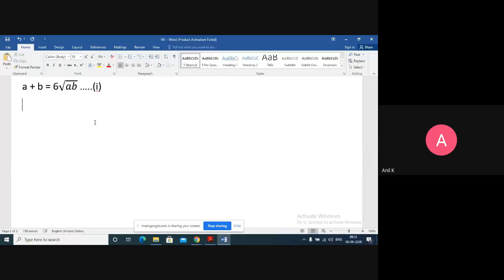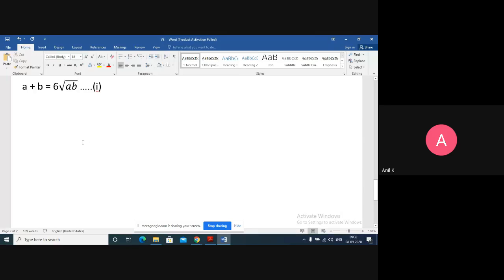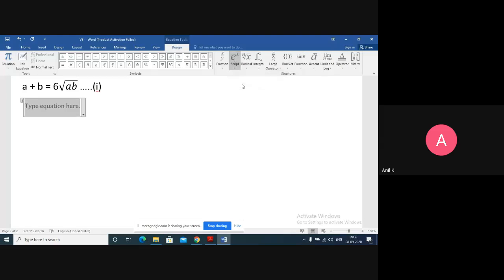We have to find the ratio of the numbers. The question says show that the numbers are in the ratio. That means if I divide A upon B, my ratio should be 3 plus 2 root 2 upon 3 minus 2 root 2. So to divide A upon B, you need to know what the A value and the B value are. So to find A and B values, let me give you the formula which we already used in previous classes, which is A minus B whole square.